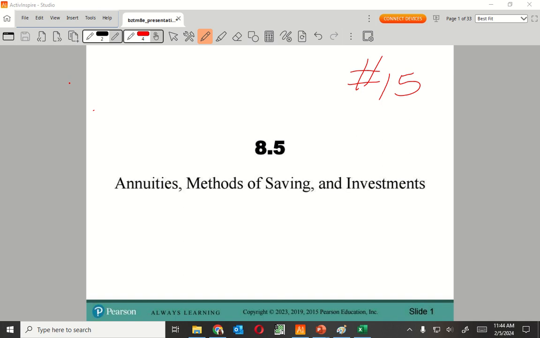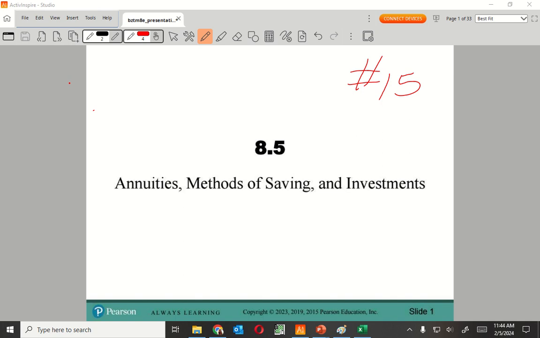This is an investment. I want my money to grow. I don't want my future value to be zero because this is my investment. Normally, when you have an investment, you start with zero and then you start building on that, and so your future value is going to get bigger. That's the difference between borrowing and investing.